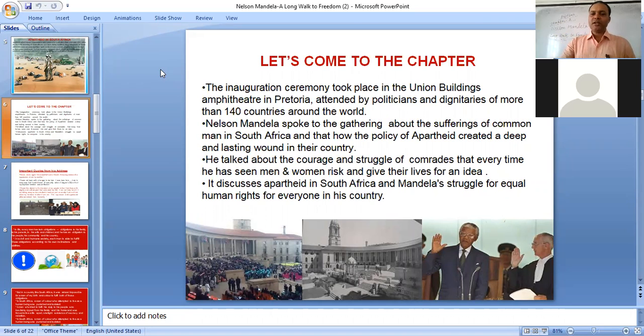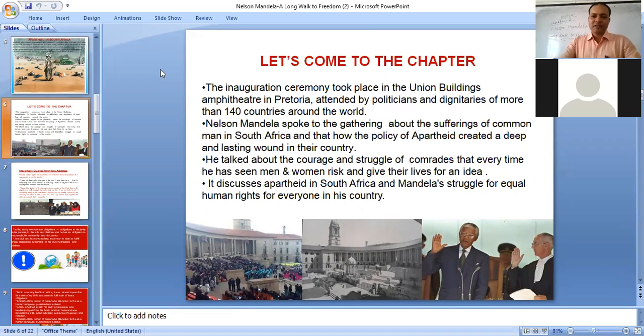He talked about the courage and struggle of comrades. Comrades means army personnel, that every time he has seen men and women risk and give their lives for an idea. He also addressed those who had sacrificed their lives and those who had put their lives at risk, those men and women, to get this freedom of South Africa.